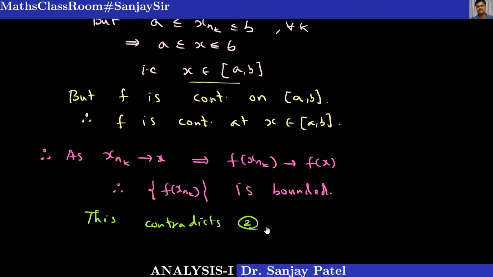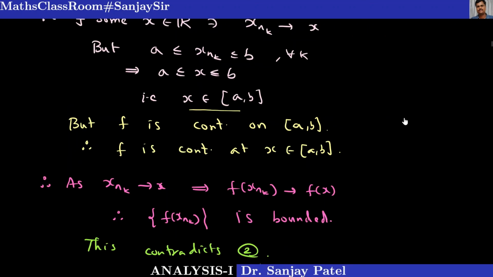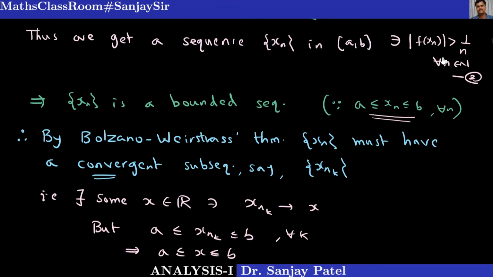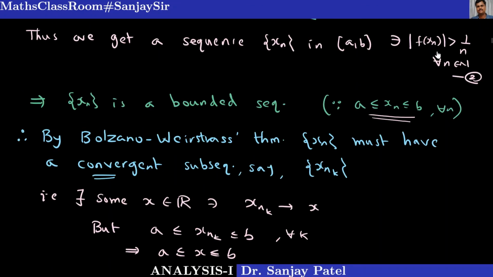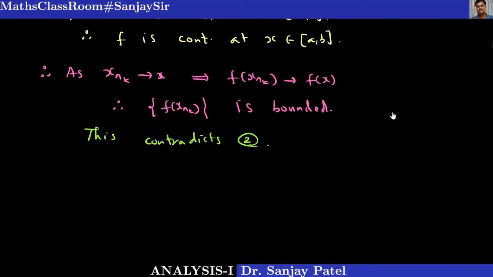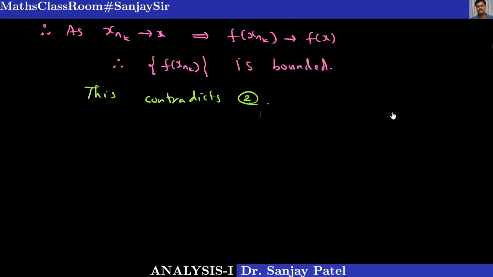What does result number 2 say? f of xn is greater than 1 upon n. So f of xnk is greater than 1 upon nk. So we cannot bound all the terms of the sequence f of xnk by some constant. This is a contradiction to result 2.